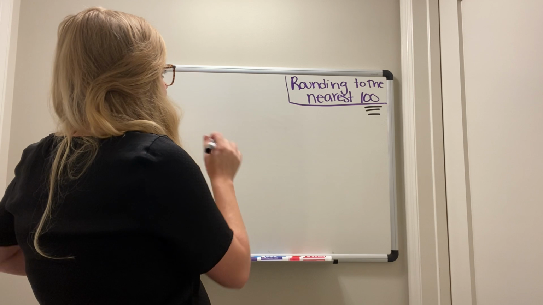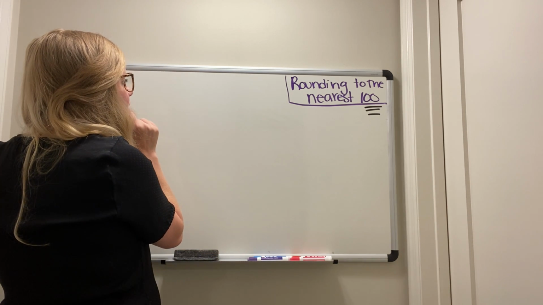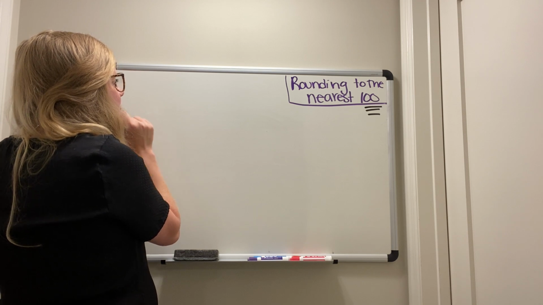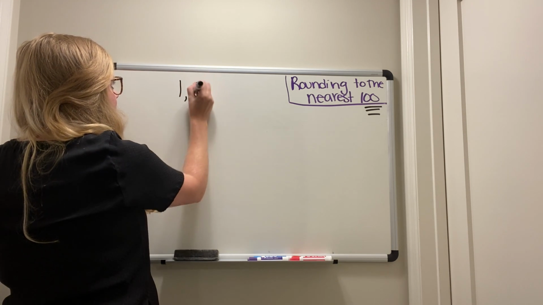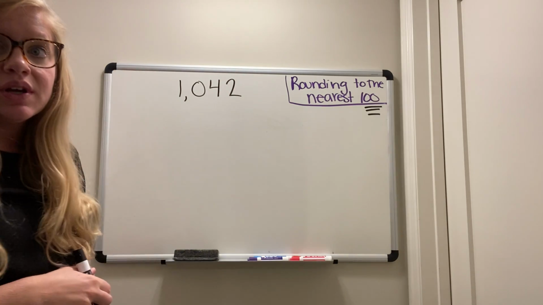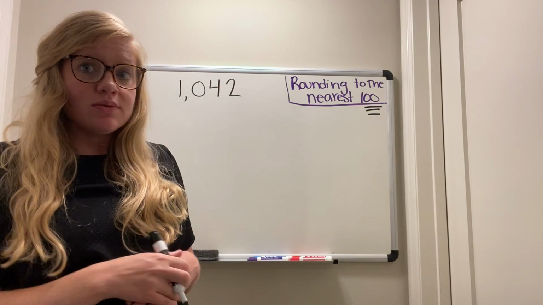Now, what if we had this number, rounding this number to the nearest hundred? 1,042. What if we had that number?